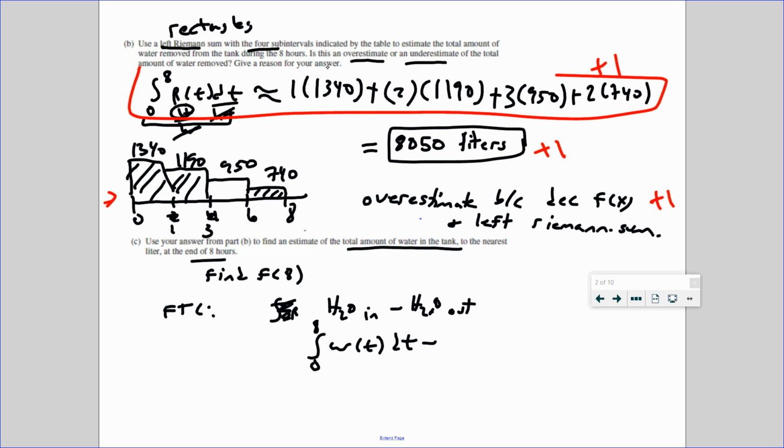Well, that's what we found in part B. We answered how much water was removed, and we know that that is 8,050 liters. That's from part B. And this is going to equal the amount of water at 8 hours minus the amount of water at 0 hours.